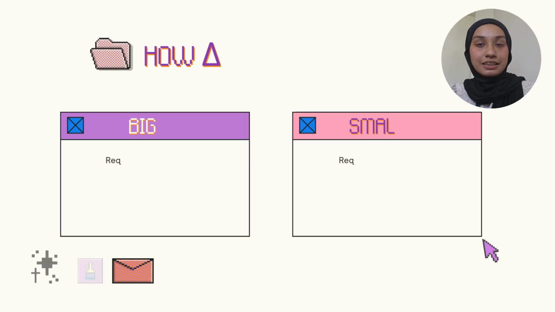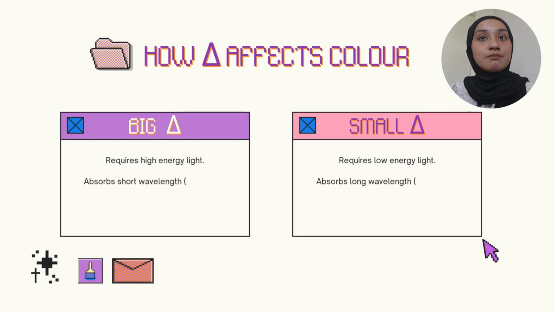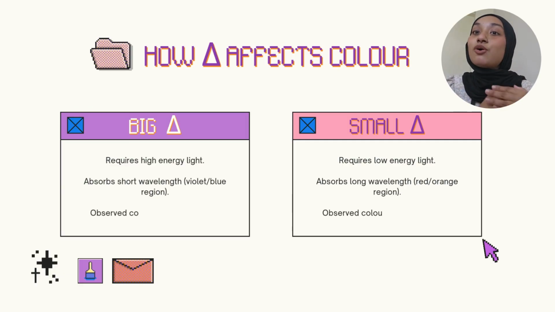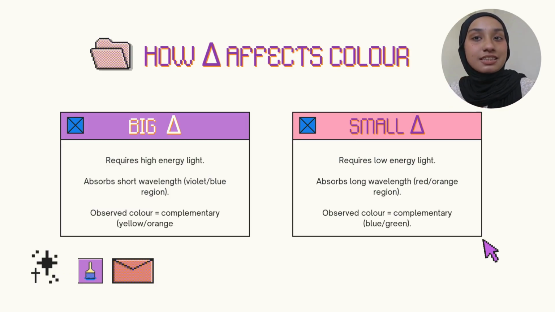The size of delta directly affects the color observed in a transition metal complex. When delta is large, a greater amount of energy is required for an electron to be excited from the lower t2g orbital to the higher eg orbital. As a result, the complex absorbs high energy light with a short wavelength such as violet or blue light.